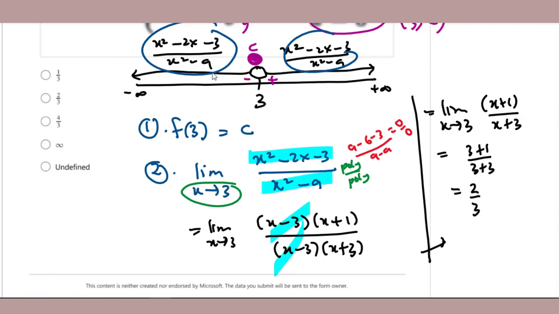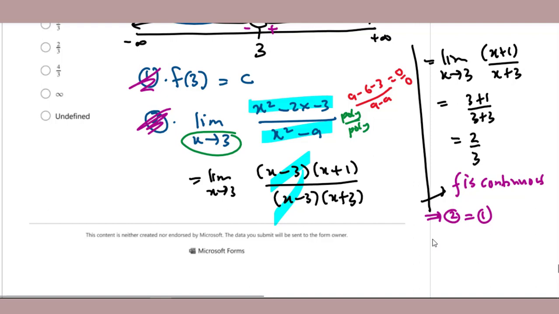So since this function is continuous, f continuous, it implies that number 2 is equal to number 1.